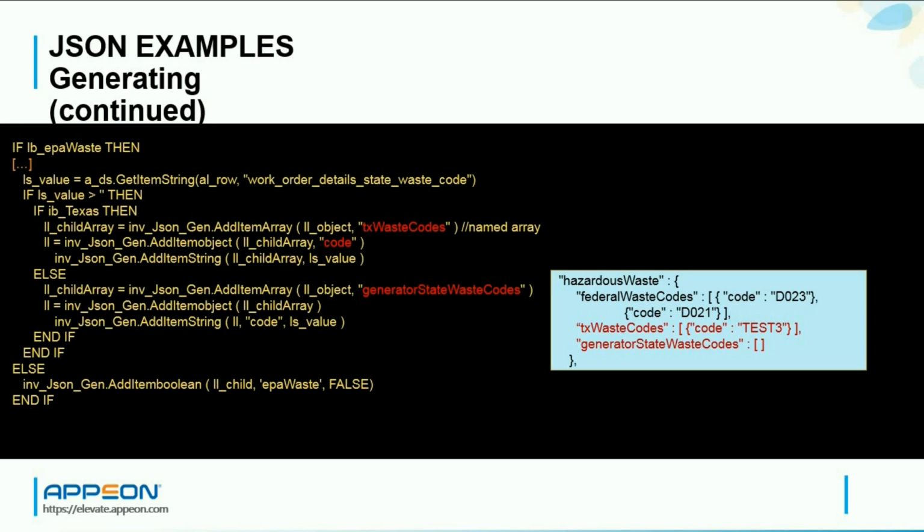But if it's not Texas, then we add something else, and that would be the generator state waste codes. And possibly we don't have any EPA waste, in which case we would add an item that's a Boolean, and we can name it EPA waste and say that it's false.